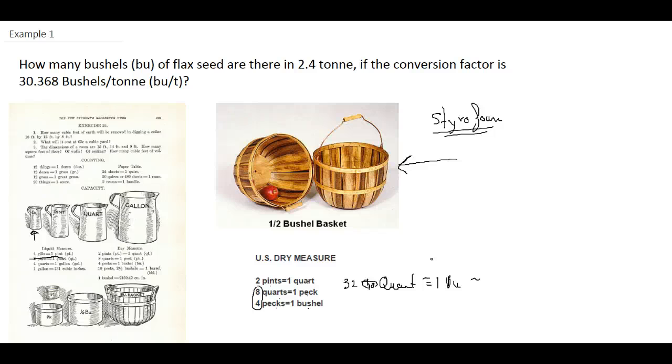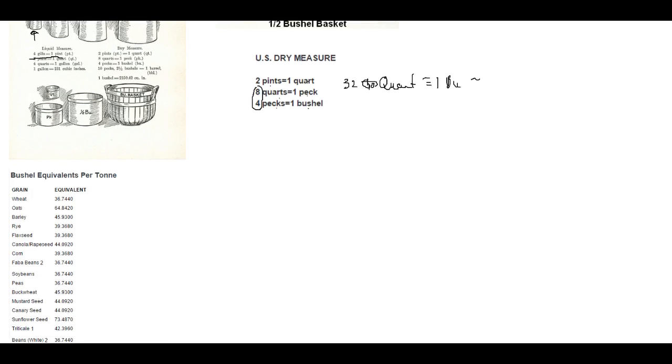That's a decent volume, but not if you're looking at selling tons and tons and tons of things like grain. And if we just scroll down here, what you'll see, and that's maybe a little hard to see, I'll pick it up and make it a bit bigger here, is this.